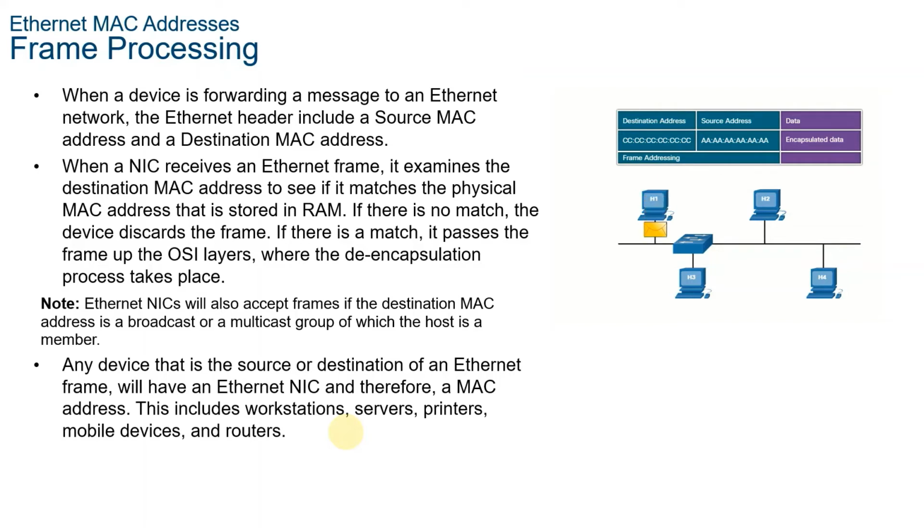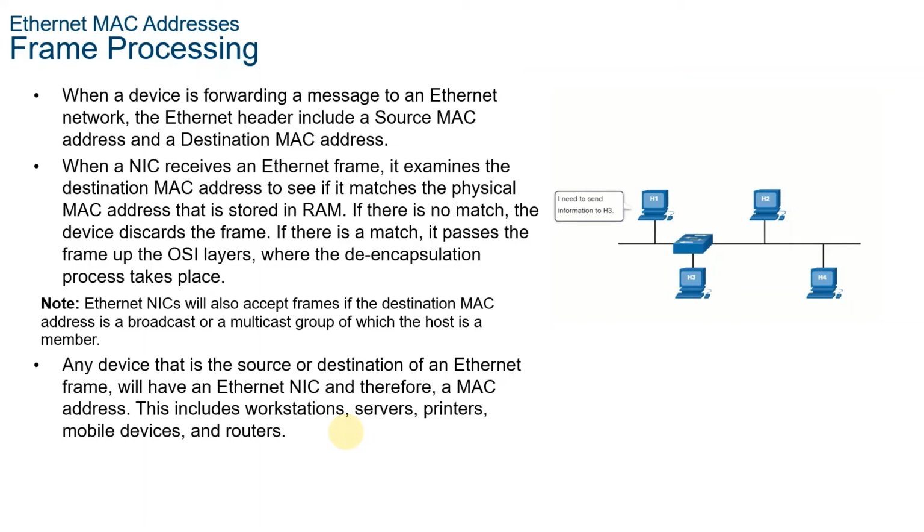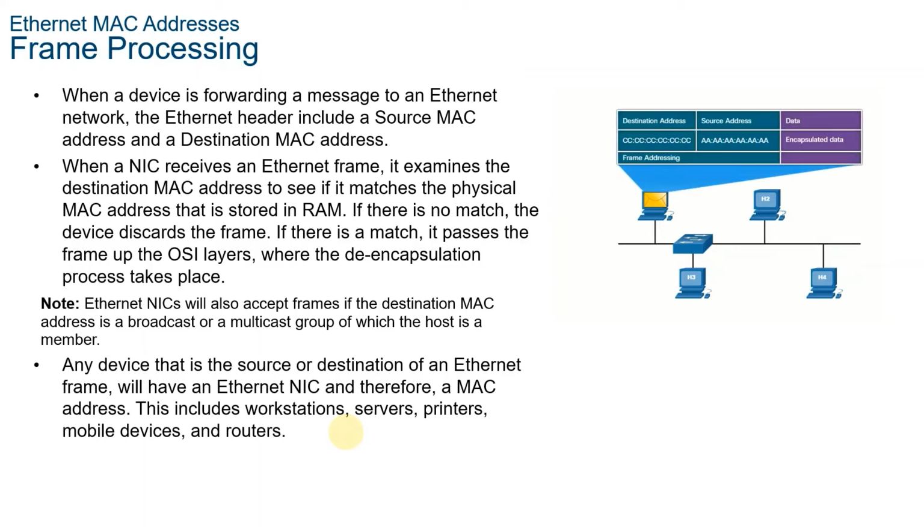When the computer boots up, the NIC copies its MAC address from ROM into RAM. When a device is forwarding a message to an Ethernet network, the Ethernet header includes the source MAC address and the destination MAC address.